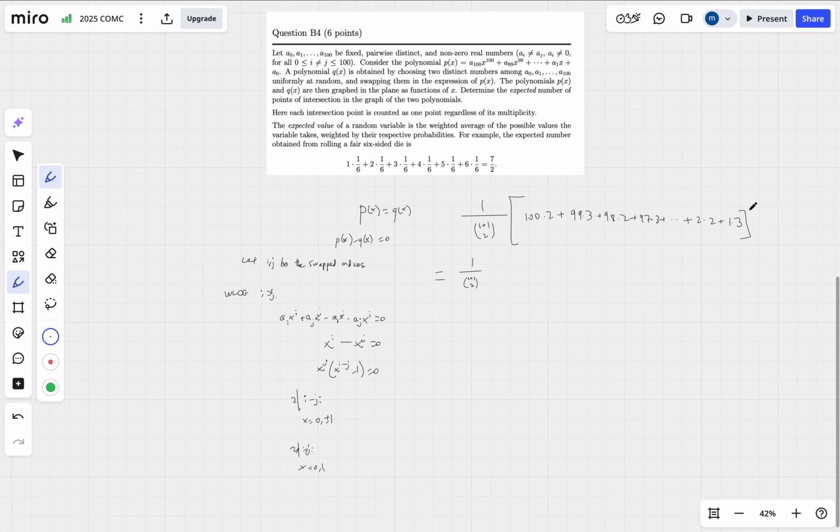So afterwards, we need to subtract the one solution for the probability that j is equal to 0. So this is just 100 over 101 choose 2.